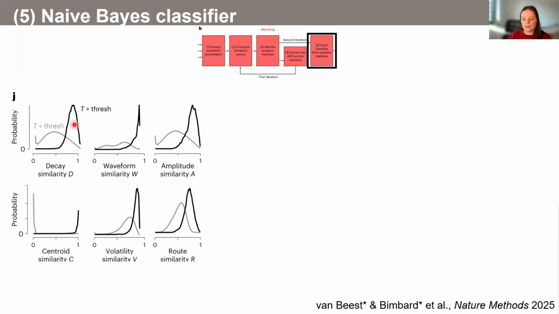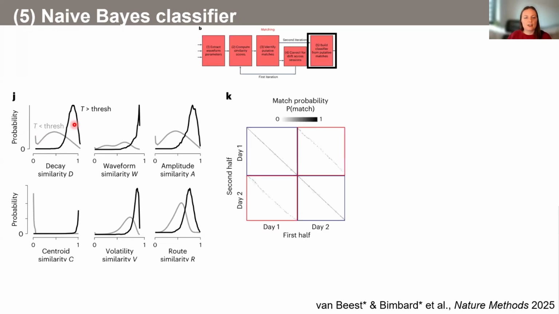And if we then put them in a naive Bayes classifier, we basically clean up this matrix from earlier, really binarizing the data almost to having either very high match probability, so high probability of two neurons being the same, and very low probability in white of two neurons not being the same. And we indeed find that this main diagonal is back, indicating that we are able to find the neurons with themselves between the two halves of a recording, which is a good sanity check.